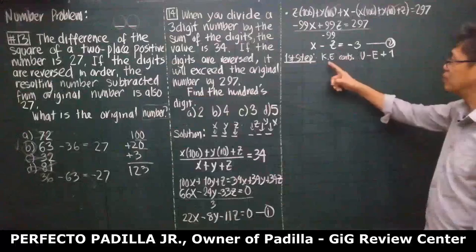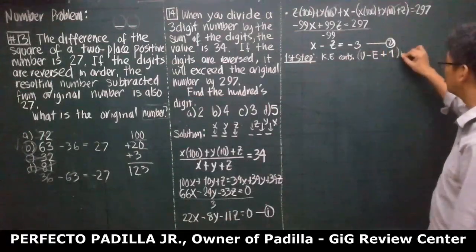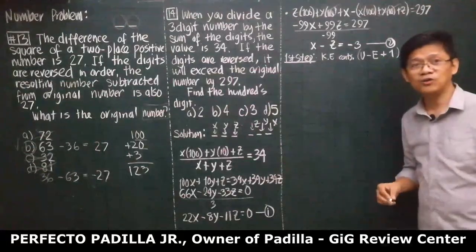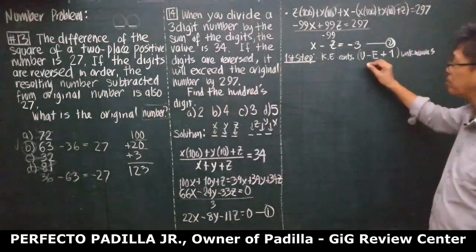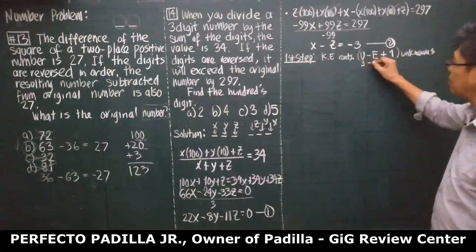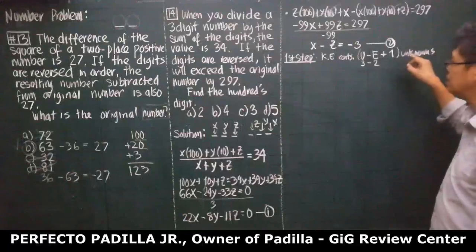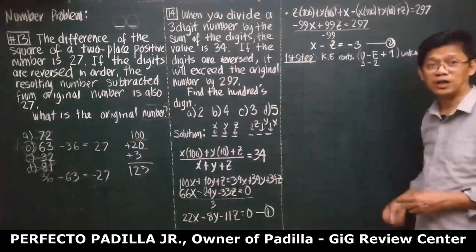So, it contains this number of unknowns. Tama? Yung U natin is number of unknowns, 3, number of equations, 2. This is 1 plus 1, there must be 2 unknowns.